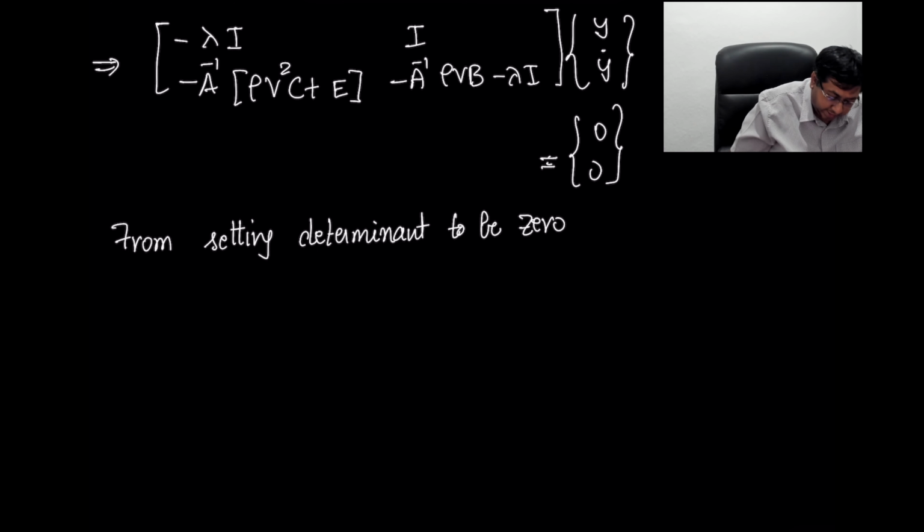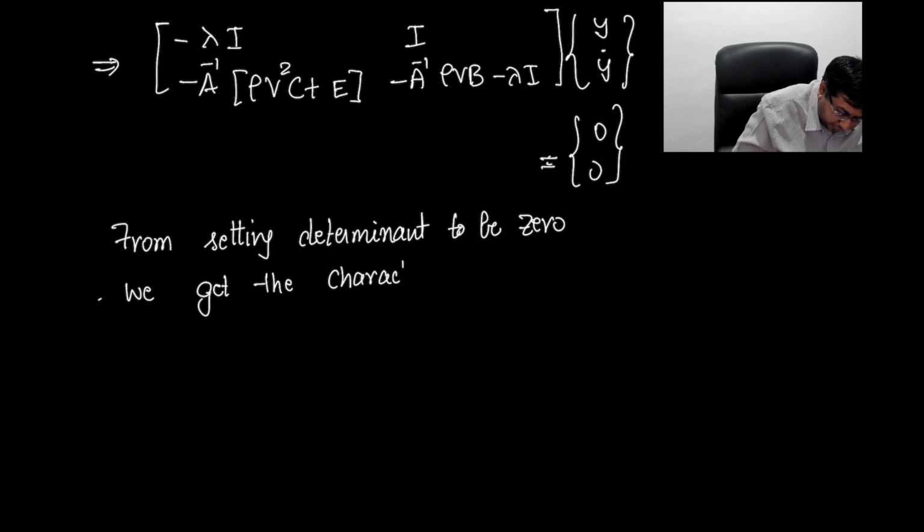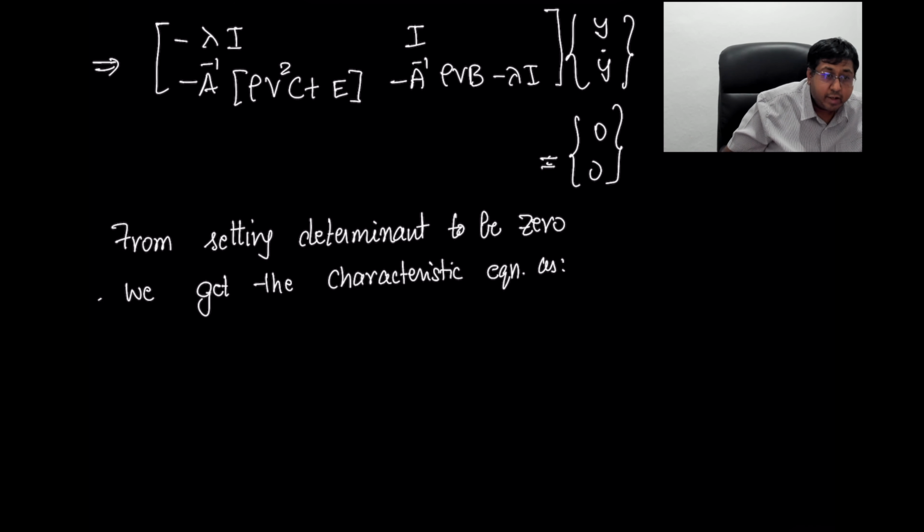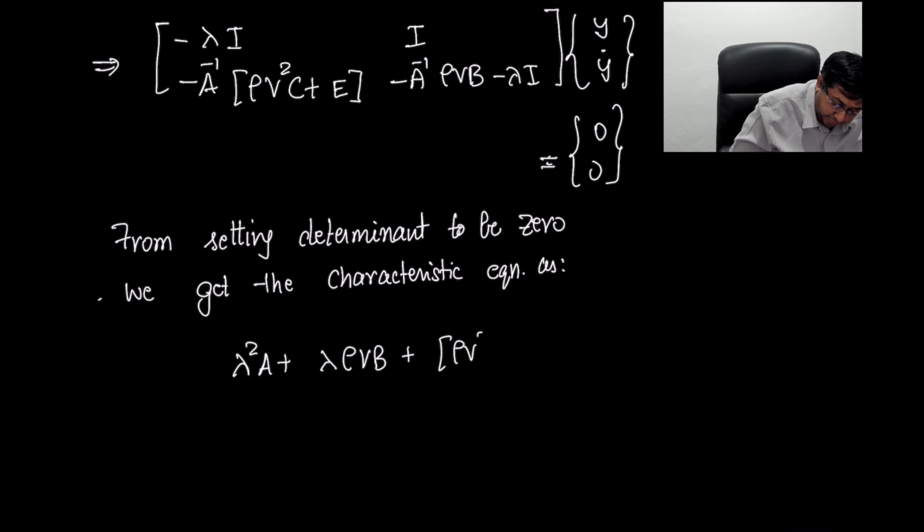We get our characteristic equation as lambda square into A plus lambda rho into V into B plus rho V square C plus E equal to 0.